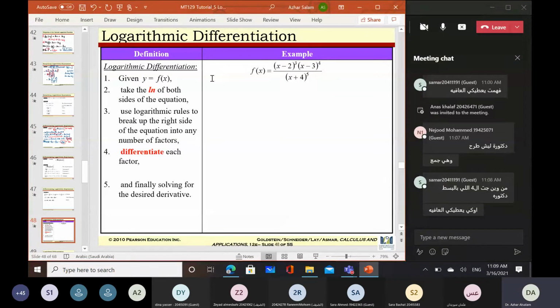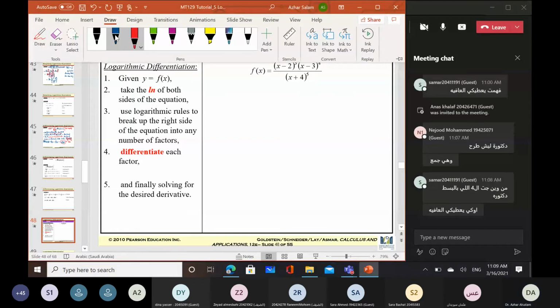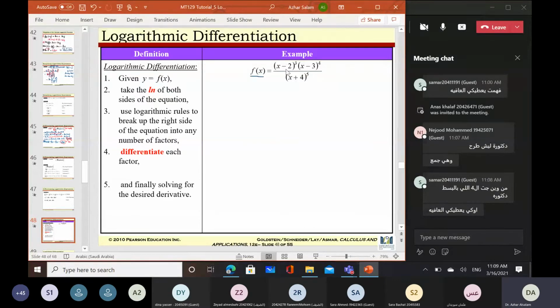Now, logarithmic differentiation. I have here a method to differentiate a function. Notice that the function given here, f of x, is defined by a multiplication: x minus 2 to the power 3 multiplied by x minus 3 to the power 4, divided by this.